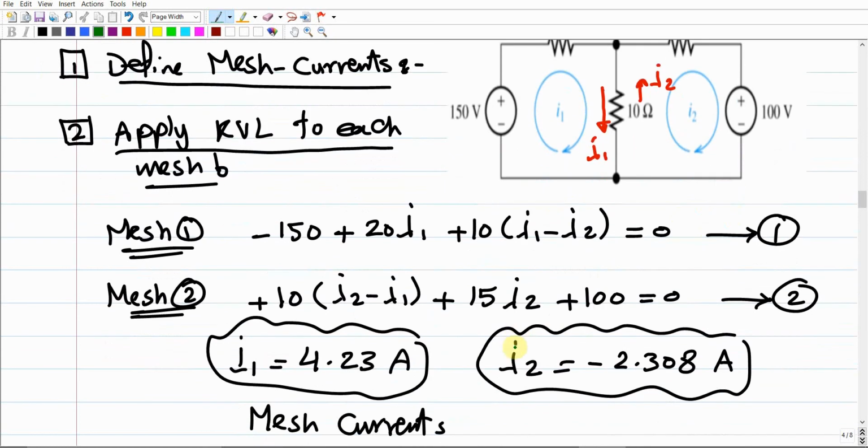As you can see, I2 has a negative sign, which means we have to switch the direction of I2. In the beginning, and this is something I forgot to tell you, we can assume any direction of the current, but make sure that you assume all of these currents are roaming in the same direction. It is advised to assume one direction for all the mesh currents.